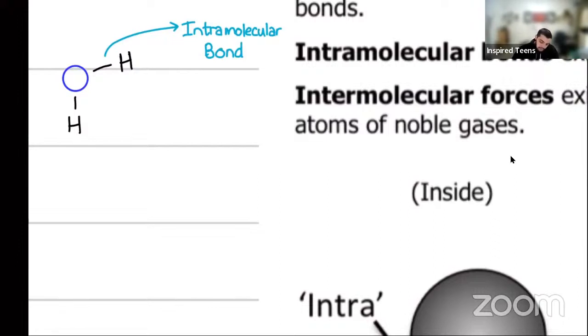This is just a single H2O molecule, really tiny. Between oxygen and hydrogen, we have a bond formed. We learned about those bonds, we even learned how to draw the shape of those compounds and what type of shape it is according to the VSEPR theory, the angle of the bond. We learned a lot about these bonds. These are known as the intramolecular bonds.